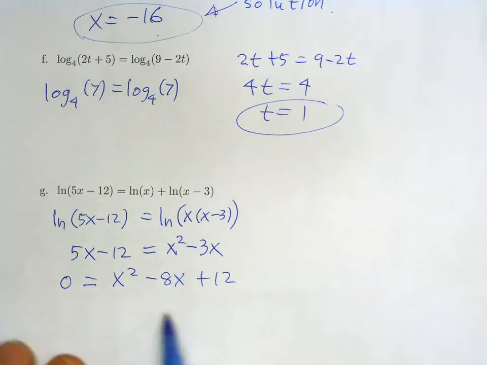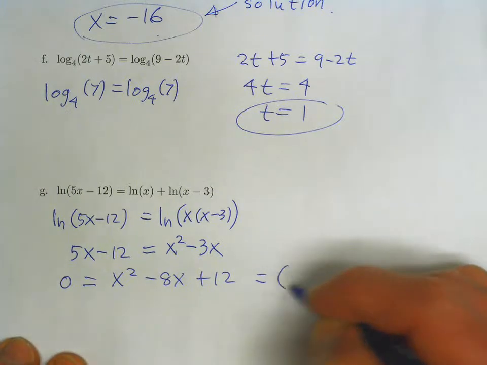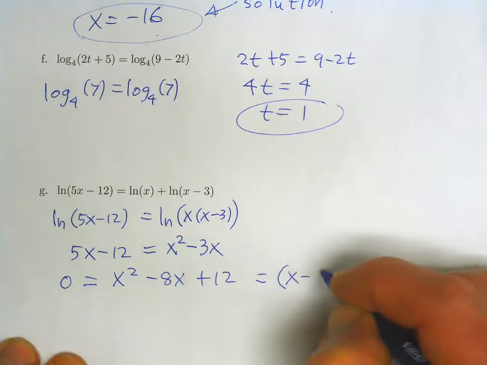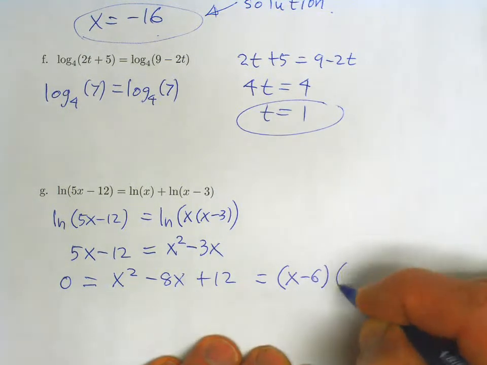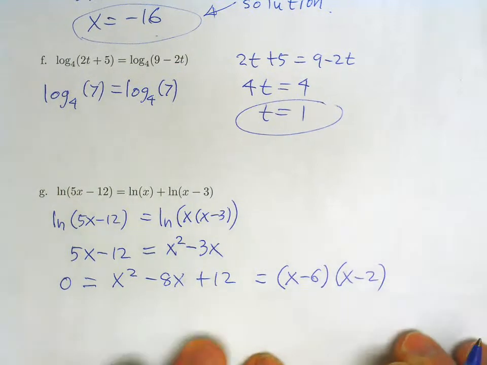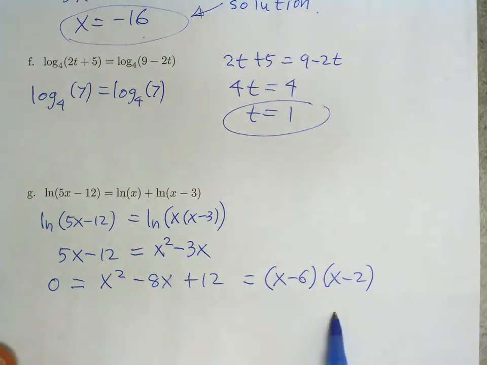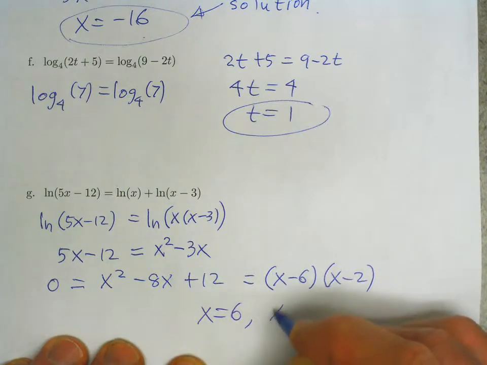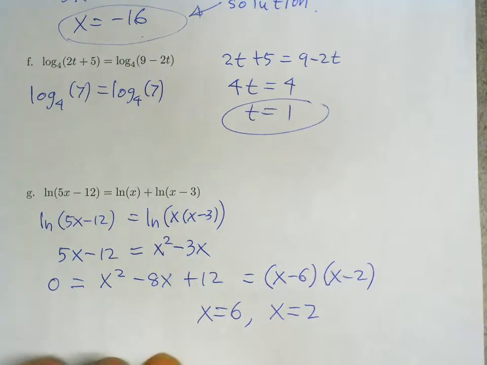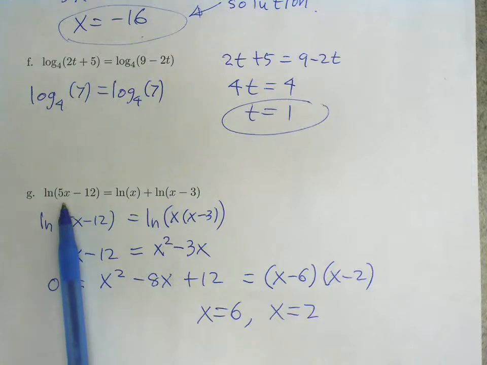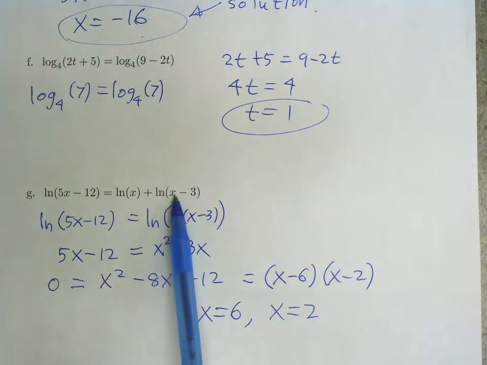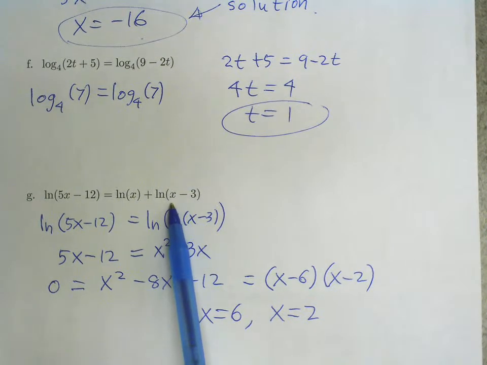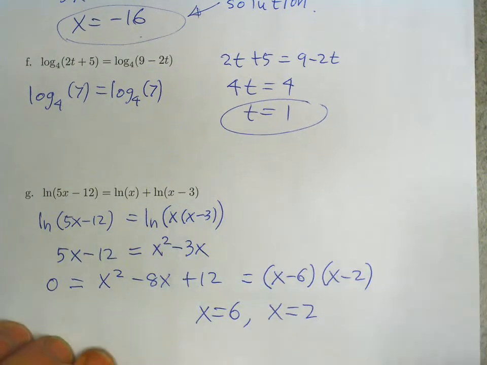And we can solve this by factoring. So one factor is x minus 6. The other factor is x minus 2. This quadratic equation has two solutions. One is positive 6. The other one is positive 2. But up here in the logarithmic equation, x equals 2 makes this argument negative, and that's enough to disqualify it.